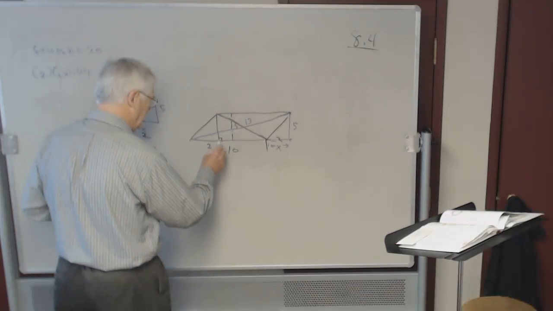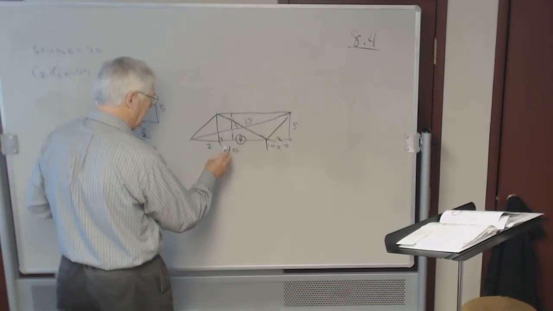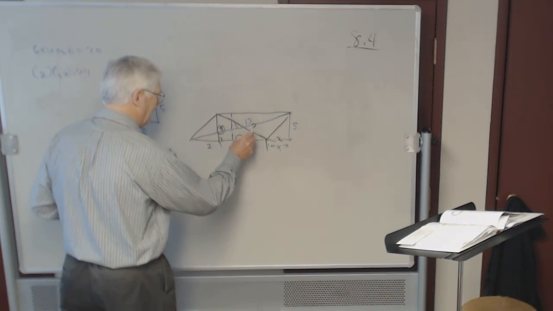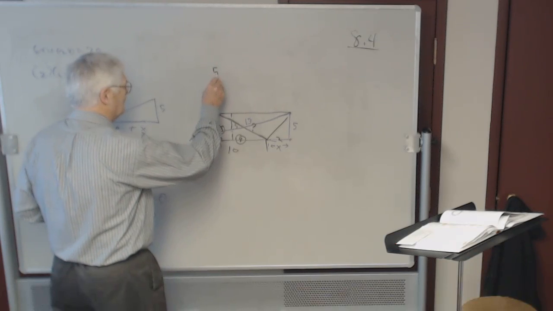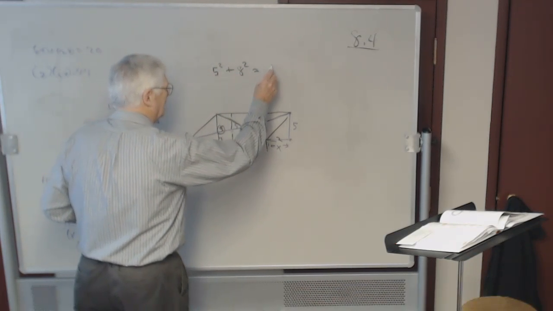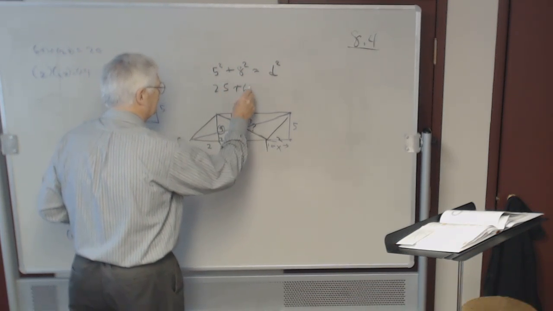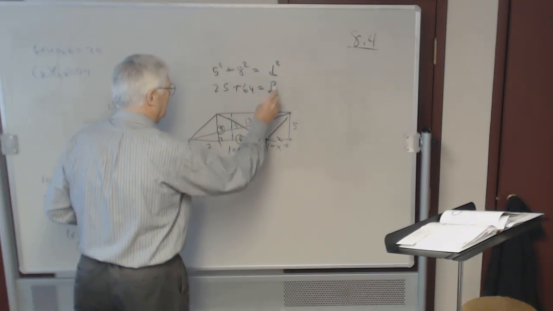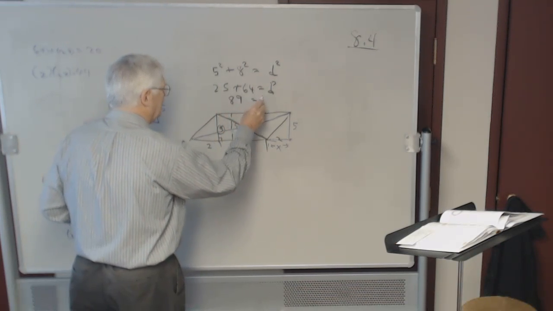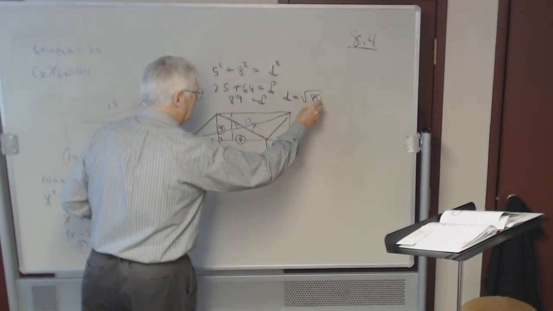What's 10 minus 2? 8. So this is 8. This is 5. And I'll bet I can use that to find this right here. 5 squared plus 8 squared equals d squared. 25 plus 64 is d squared. 89 is d squared, so d is the square root of 89.